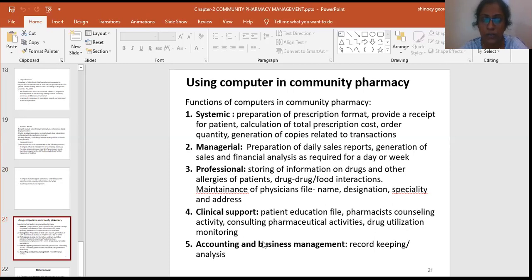In the systemic function, it helps in the preparation of prescriptions, providing receipts for the patient, calculation of total prescription cost, or generation of copies related to transactions.